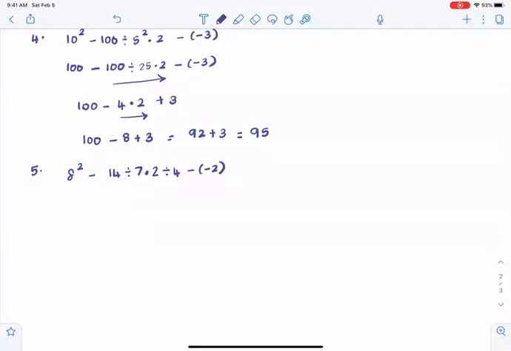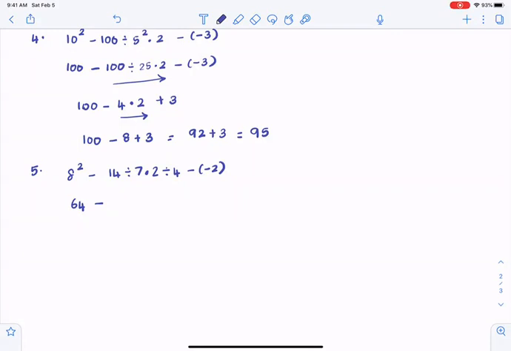So order of operations. So you start with 64 and you go from left to right. So 14 divided by 7 needs to be taken care of first. But you look at the second term, you have 2 divided by 4.